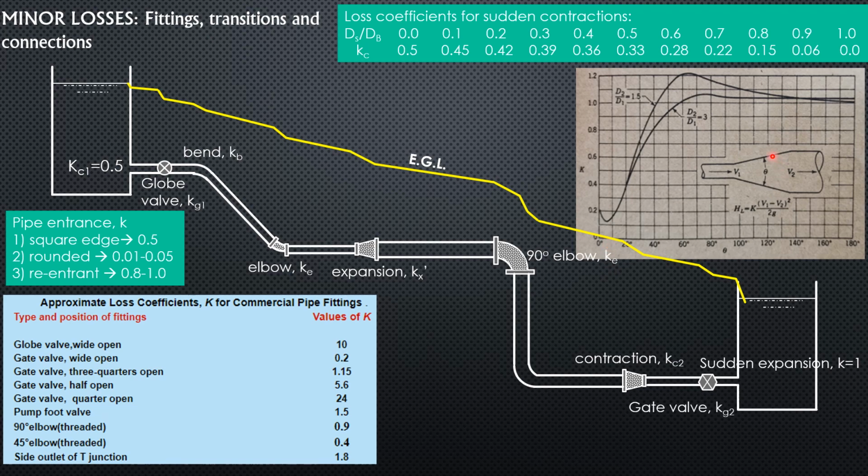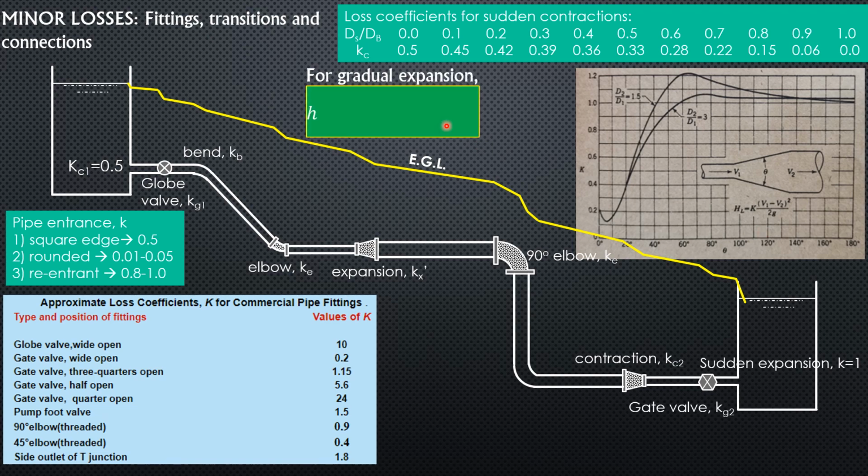These are the angle theta here, and this is the curve for approximating the value of K. In general, the formula for the minor head loss of this type is a certain K times the mean velocity in the smaller pipe minus the mean velocity in the bigger pipe, quantity squared, over 2g.